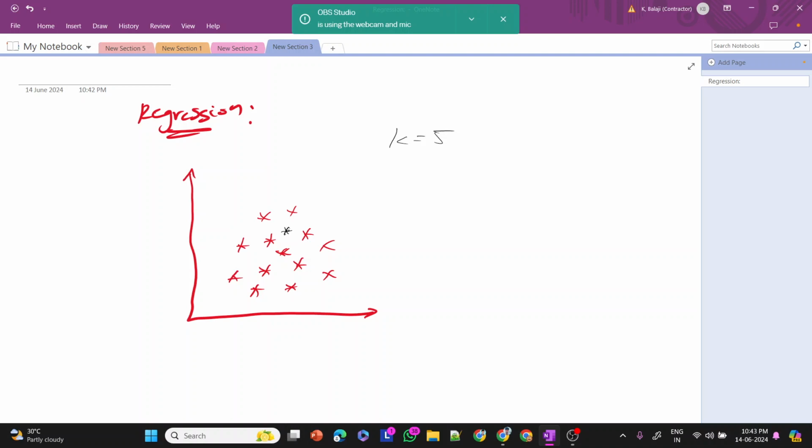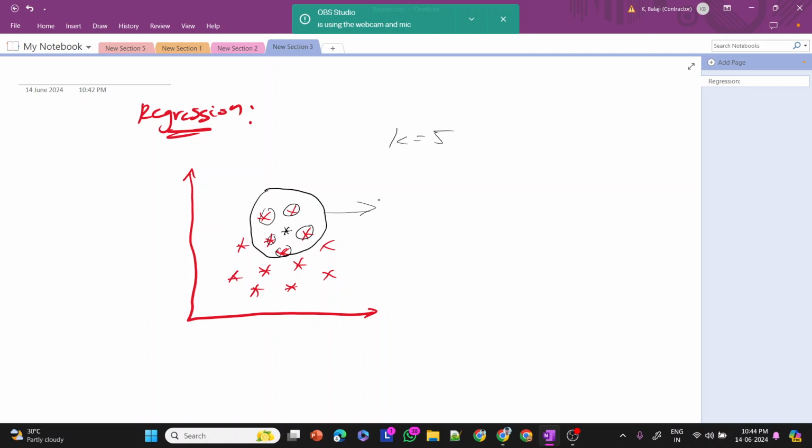Like this, in regression also it will find k number of points nearby the new point. These are the nearest 5 points, and all these 5 points already have an output.